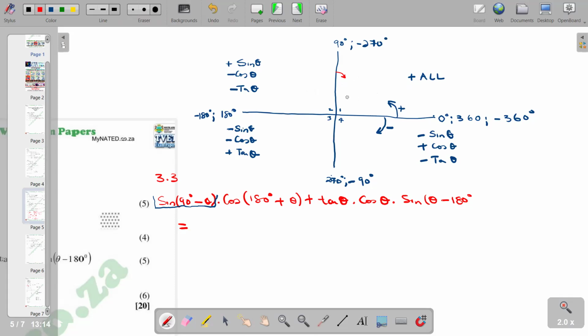Your ratio will only change when we are dealing with 90 degrees or 270 degrees. Therefore here it's 90, so it's going to change to cos. The resultant is going to be positive cos theta.